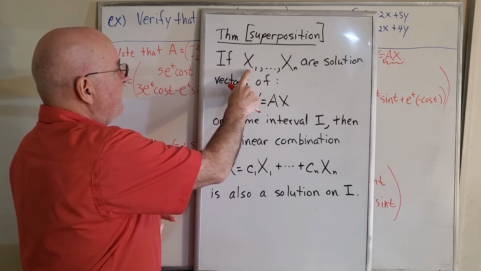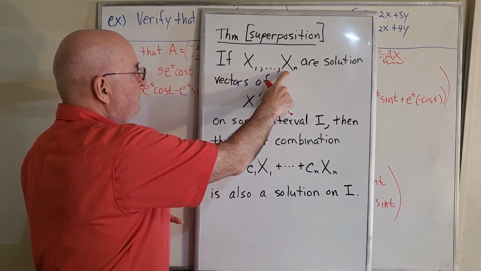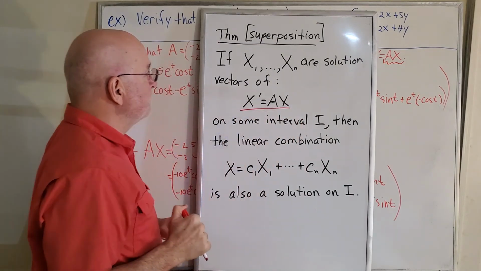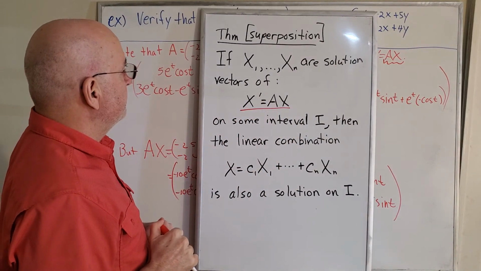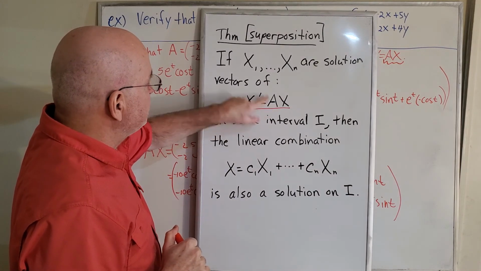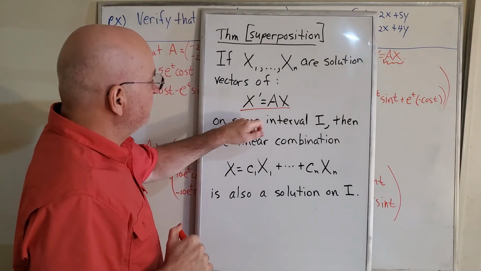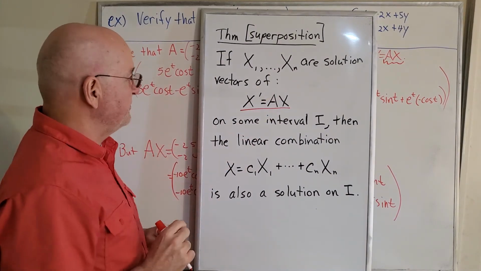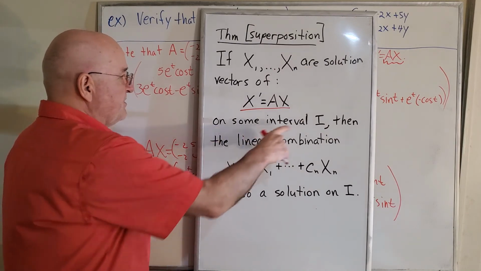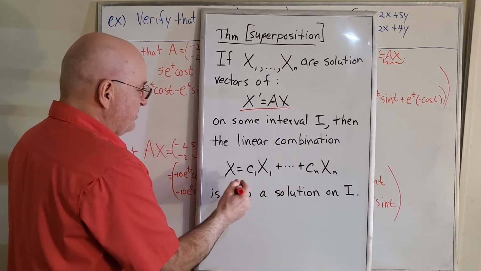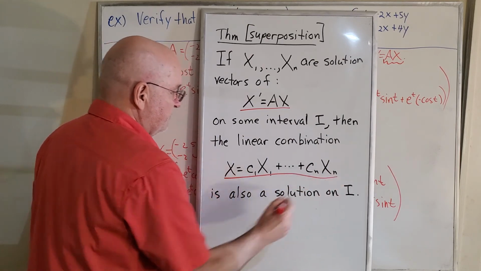If x1 through xn are all solution vectors of this, so that means x prime equals A x1, x prime equals A x2, all the way up to xn, they're all solution vectors on some particular interval, then the entire linear combination of those is also a solution.